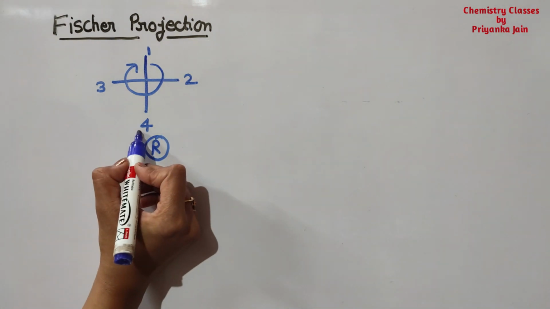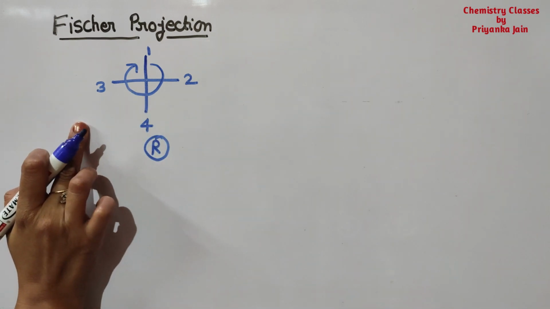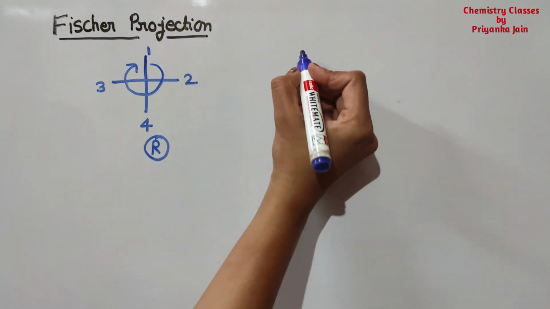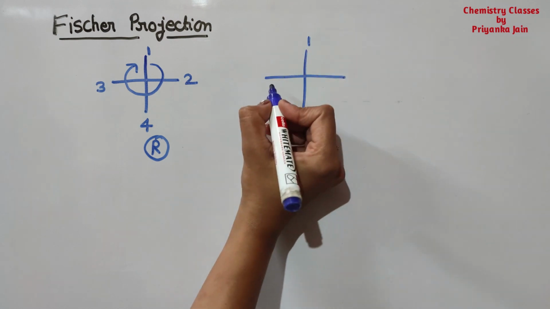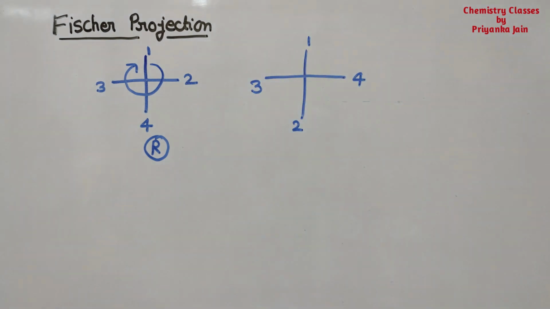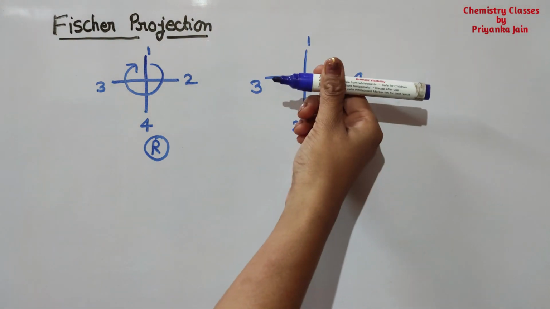See here, this fourth group is present on the vertical line. When it is present on the vertical line, then this sequence will remain as it is. Okay, but if we have given one in this manner, this is 1, 3, 2 and 4. Now this fourth priority group is present on the horizontal line.